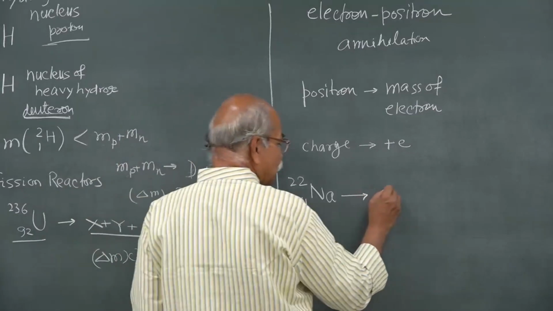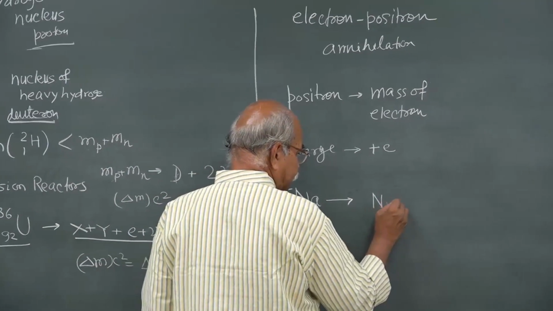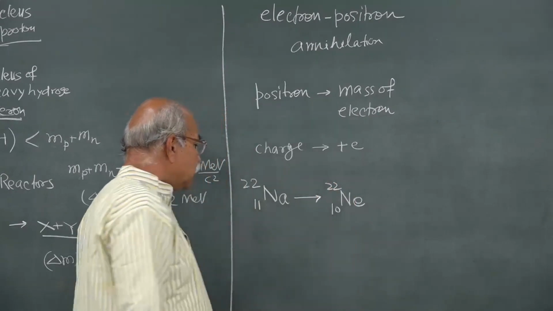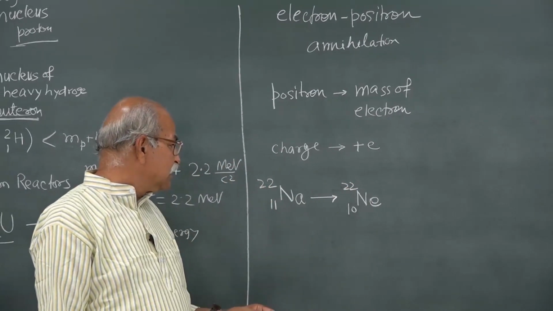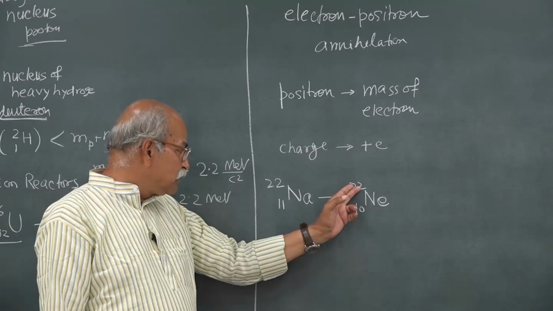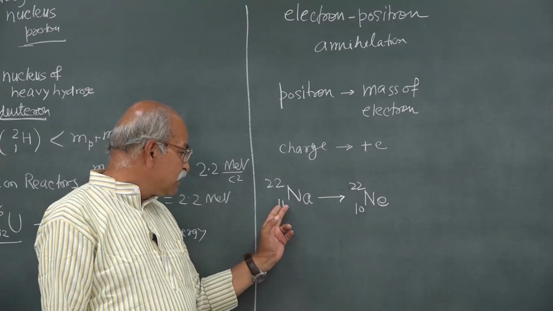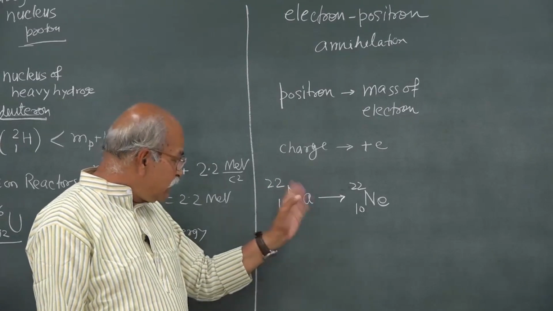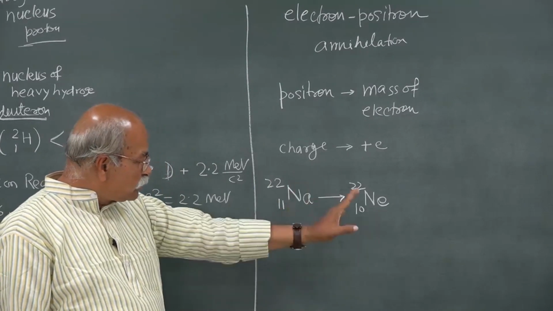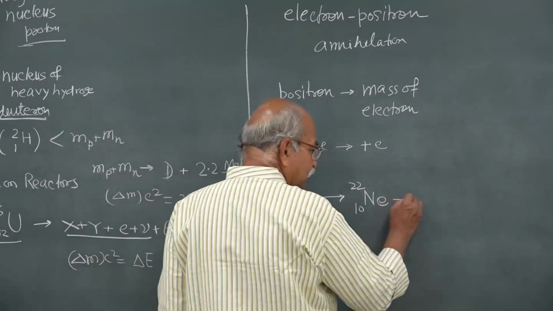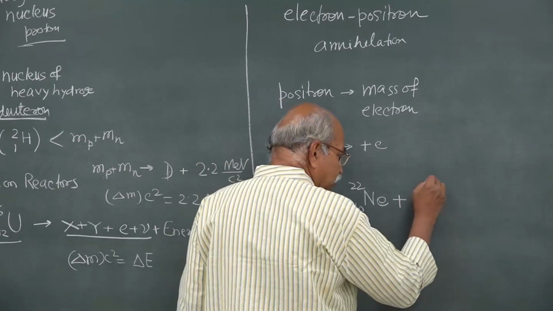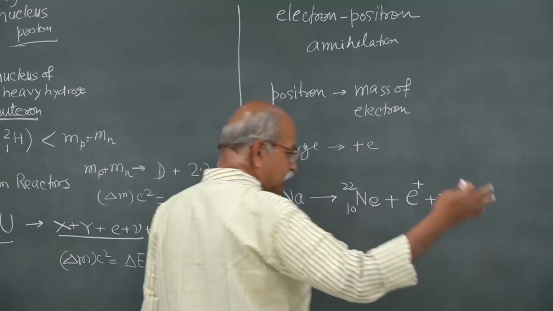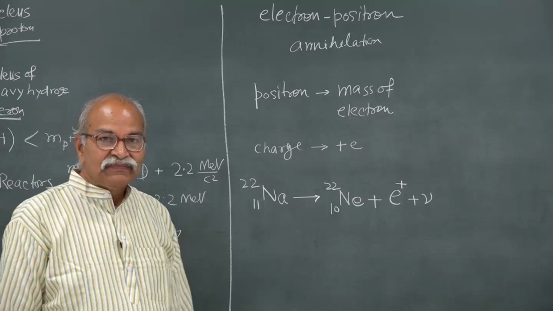So, this becomes neon 22, because here you have 11 protons and 11 neutrons, and here you have 12 neutrons, because one of the protons has converted itself into a neutron. And when a proton converts into a neutron, you have another particle, the positron, that comes out, along with some neutrino and energy and so on.